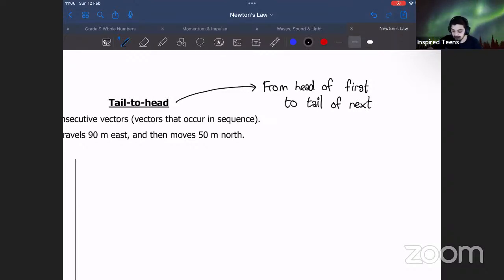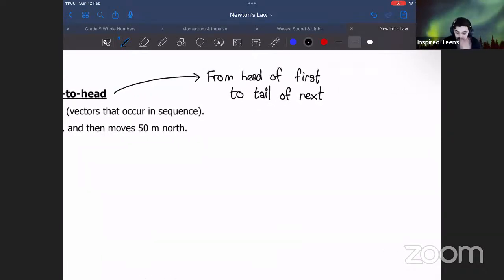Remember, our vectors represent magnitude and direction, so the size of our vectors is important. Let's just draw 2 vectors.